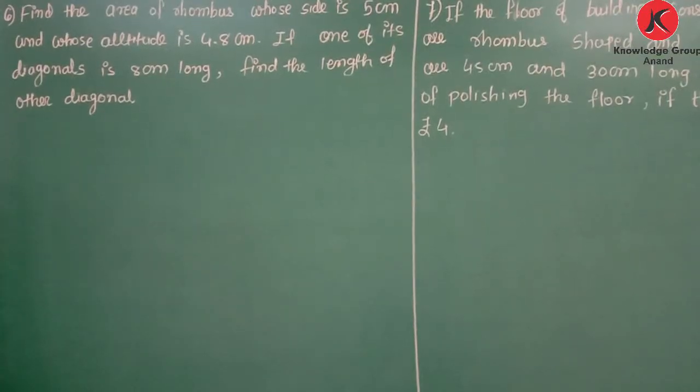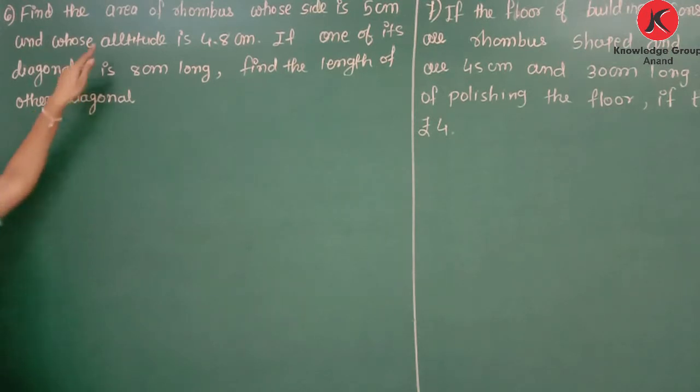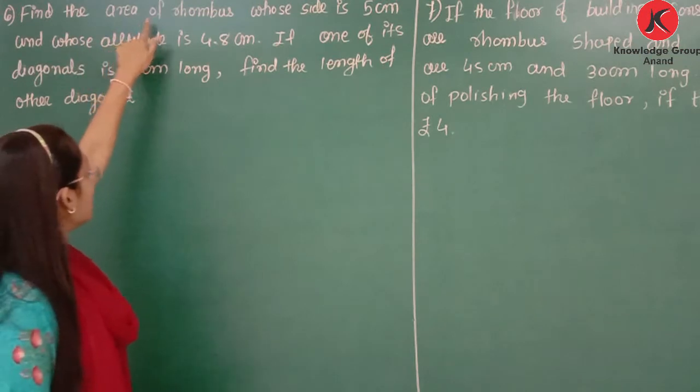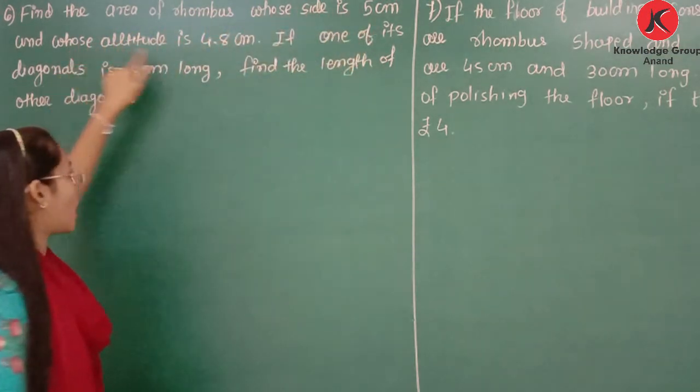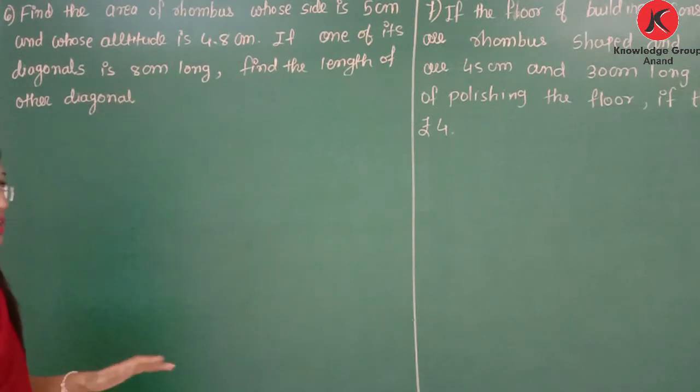Now next question. Find the area of a rhombus whose side is 5 cm and whose altitude is 4.8 cm. If one of its diagonals is 8 cm long, find the length of the other diagonal. This is the question which is twisted. So here it is written, find the area of a rhombus whose side is 5 cm and altitude is 4.8 cm.